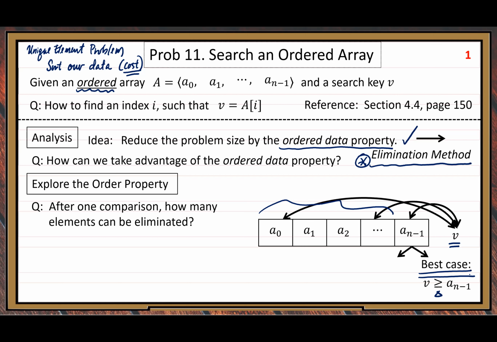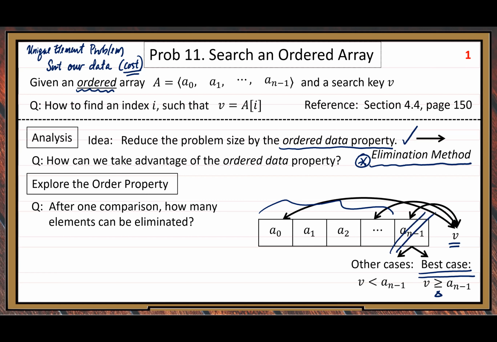But you may not be able to always get the best case. Sometimes you do not get the best case, so there is another case you need to consider. The other case is when V is less than A sub n minus 1. When this happens, think about how many elements you can eliminate. Only the last one.